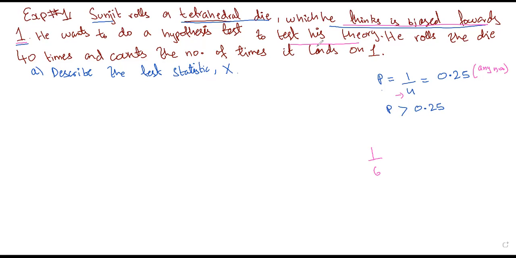So part 1 says describe the test statistic X. Basically it is the number of times the die shows 1 in 40 rolls.